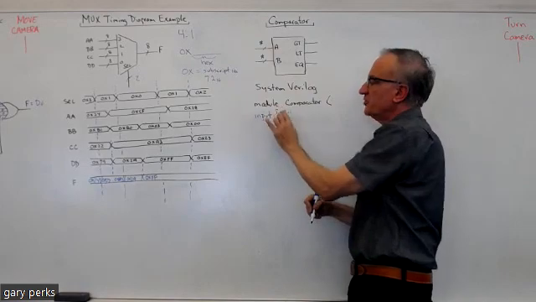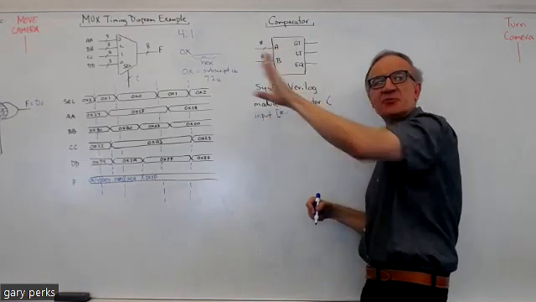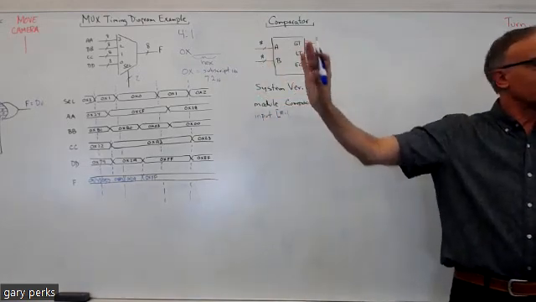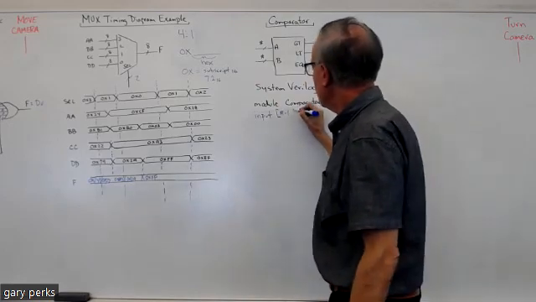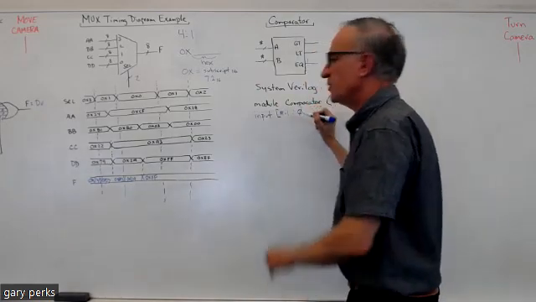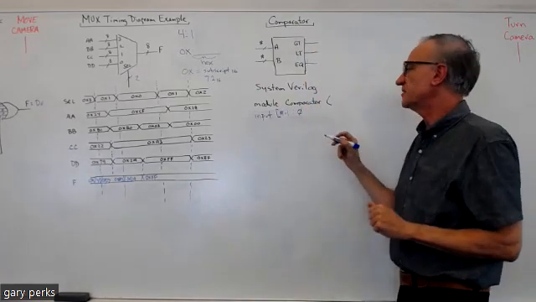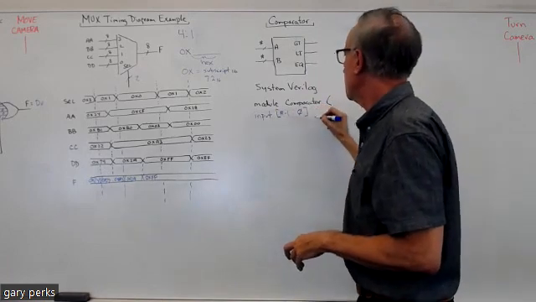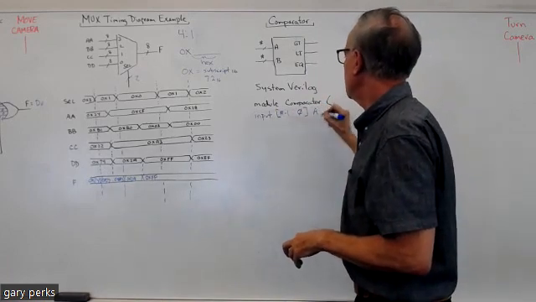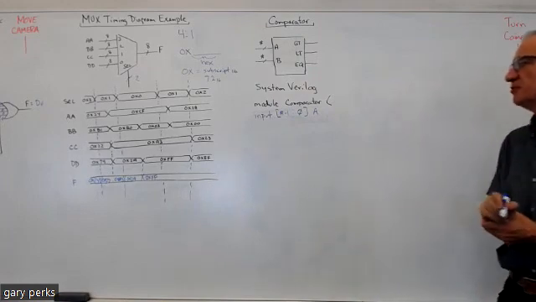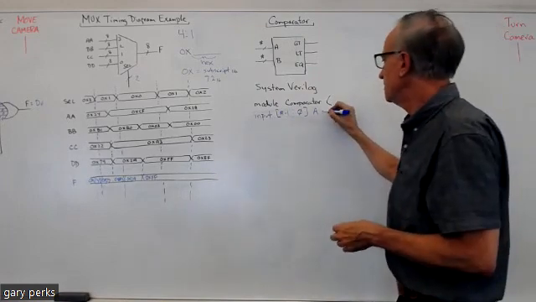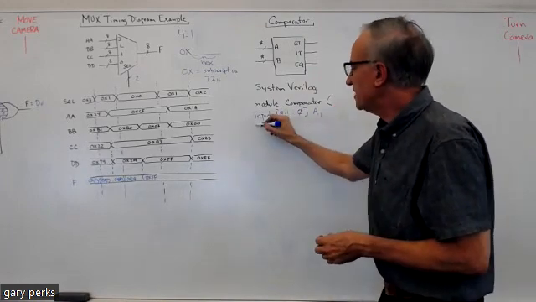If this was 8, well, you'd put a 7 there, because the 7 would be the number of the most significant bit. And then colon 0, because we always have 0 for the least significant bit. And then you would have A, the name of your input. So that's nothing new. And you would do the same thing for B.